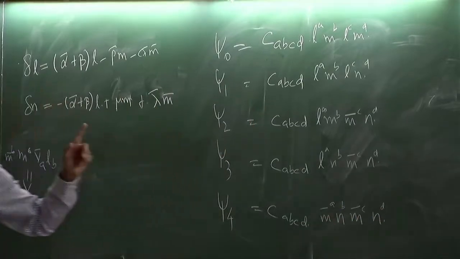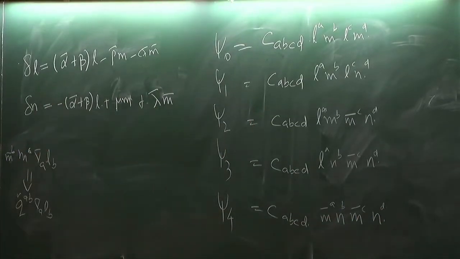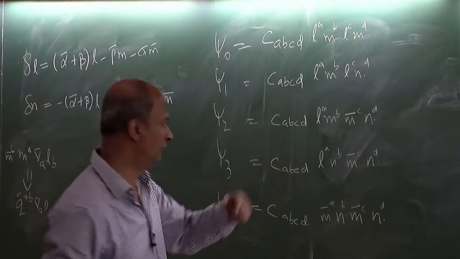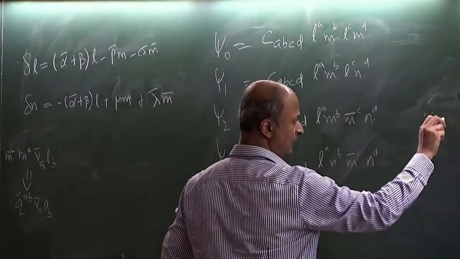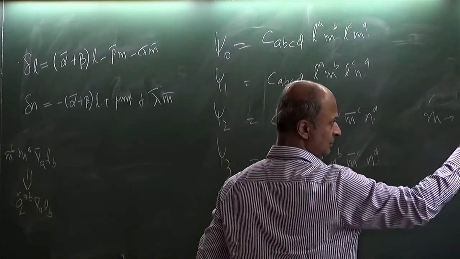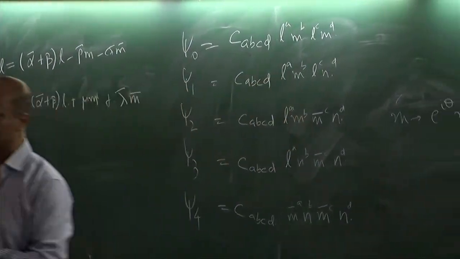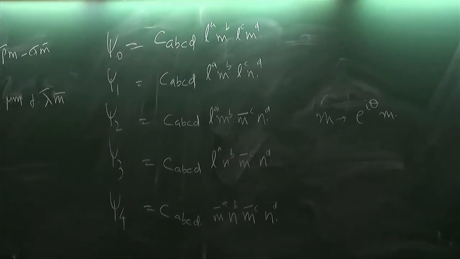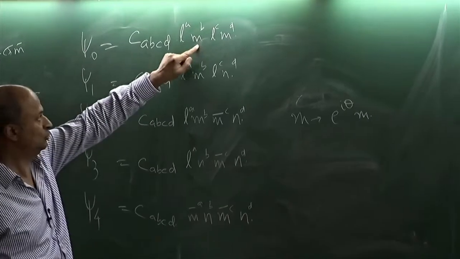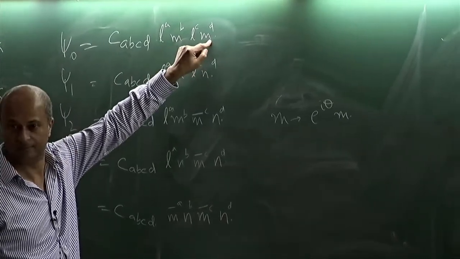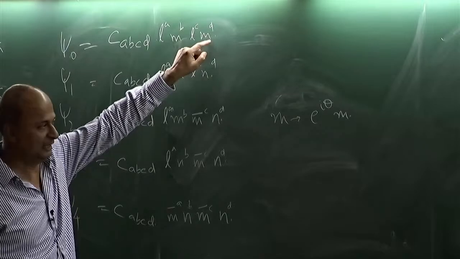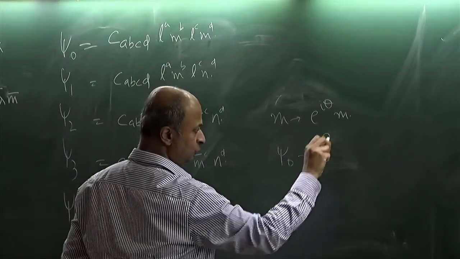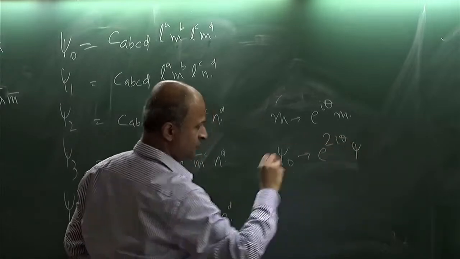What is important here are the properties of these Weyl components under a spin rotation, which, if you recall, was a transformation of m going to e^(iθ) times m. You notice here that psi naught has 2 factors of m. That means under this transformation, psi naught goes to e^(2iθ) times psi naught.